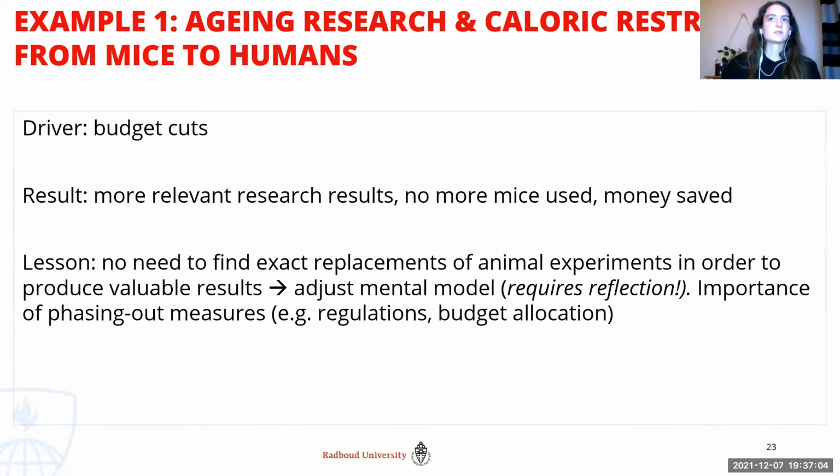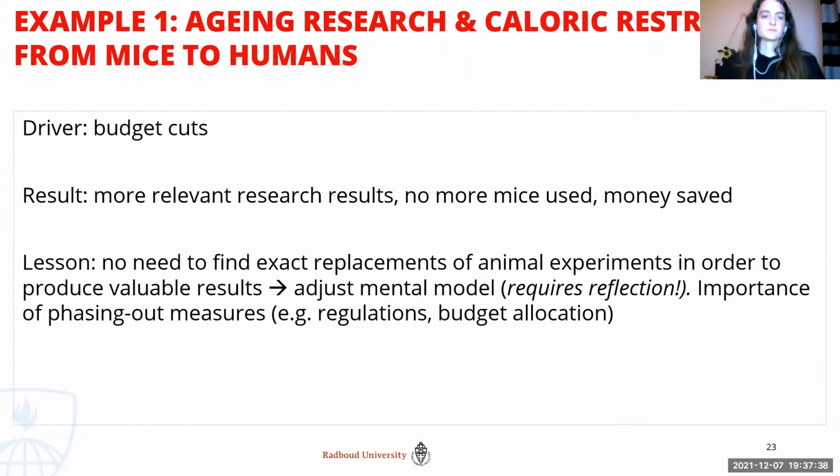So if you think of the idea of replacement or alternative, if you still want to use it, then you can also broaden it to just think what is the actual issue. Let's say diabetes, just to give an example. Then you can think of everything that you can study from whatever discipline that would contribute to helping people with diabetes or to prevent people from getting diabetes, instead of a one-on-one copy of an experiment that you would do in animals.